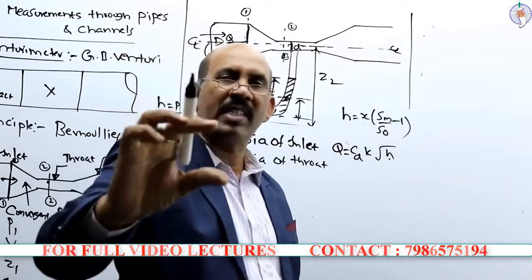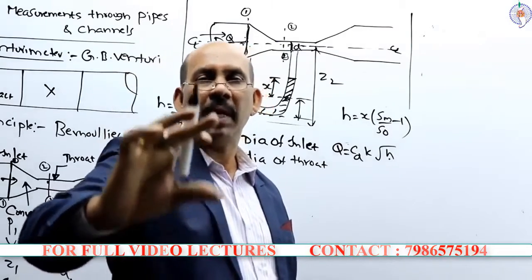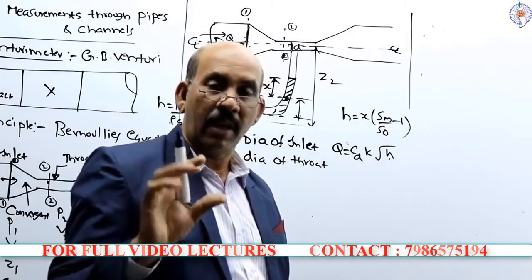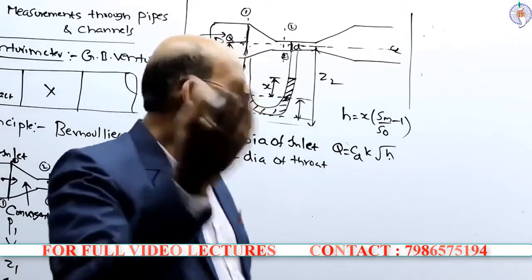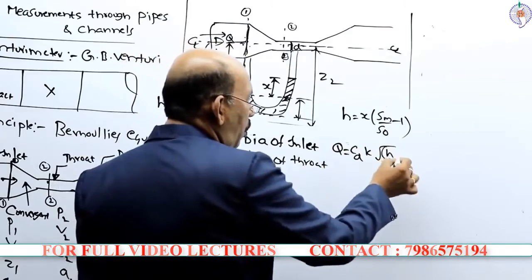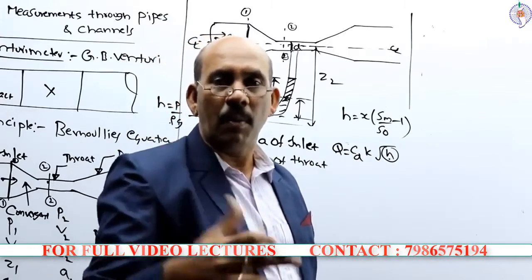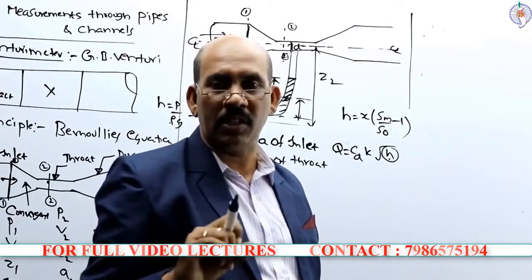If the value of X is more, that means automatically the H is more, because Sm and S0 are the specific gravities. If the pressure difference H is more, it can measure very accurately the discharge. Q can be measured more and more accurately.